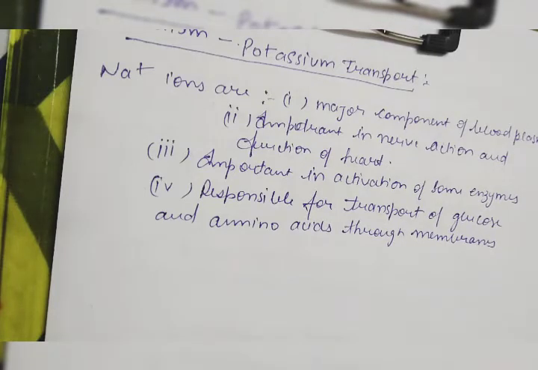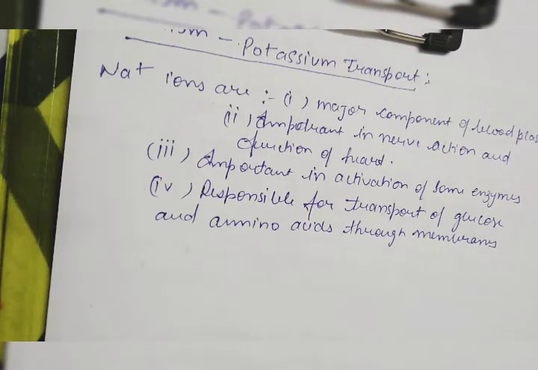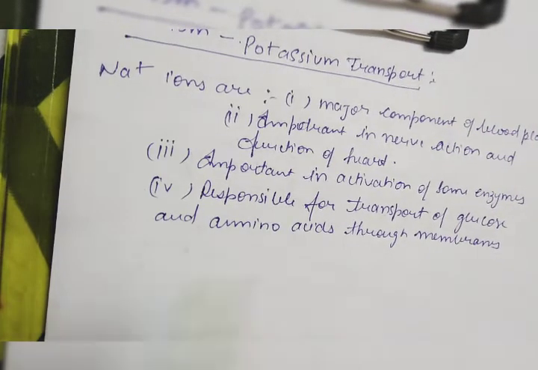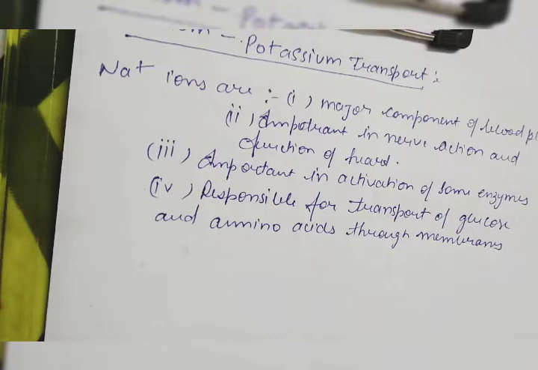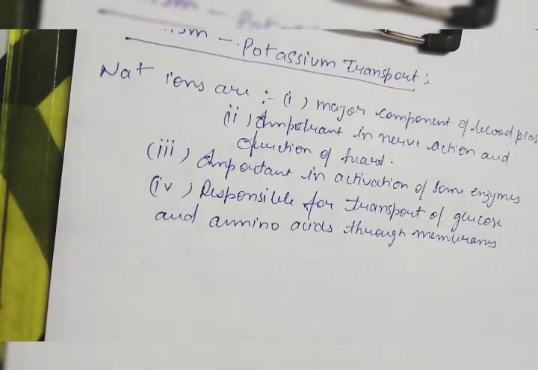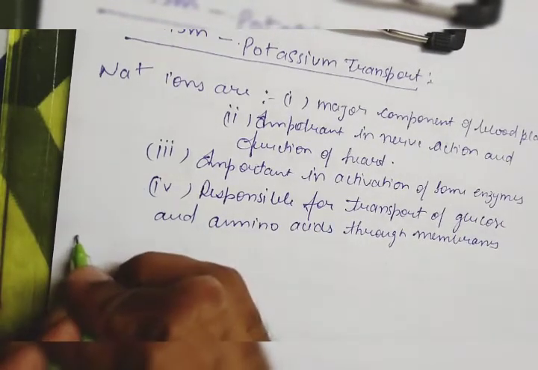We have also discussed with it the functions of potassium ions, which are again glucose metabolism, protein synthesis, and activation of enzymes similar to sodium that we have also discussed earlier.